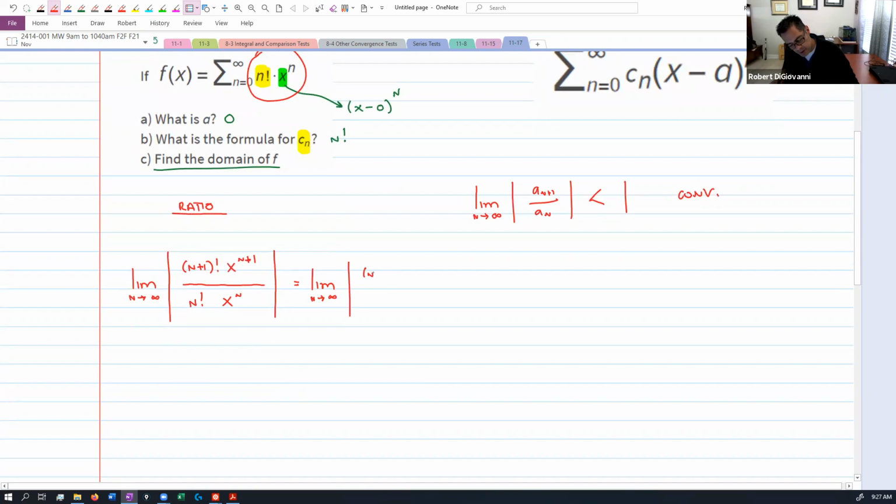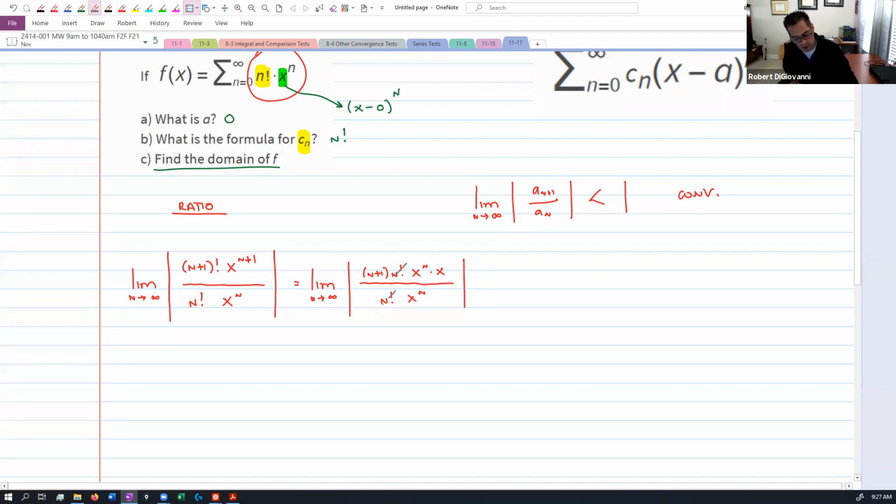I'm going to write that as (n plus 1) times n factorial, then x to the n times x, over n factorial times x to the n. I'm just using properties of splitting up that factorial, and then taking the x to the n plus 1 and splitting it off. And you see we get some nice cancellation.